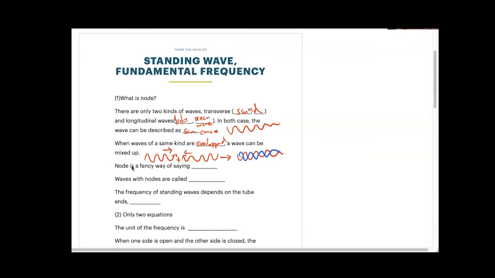Because first, when you talk about standing waves, you will hear a lot of words like node. And basically, the node is a fancy way of saying no motion point.